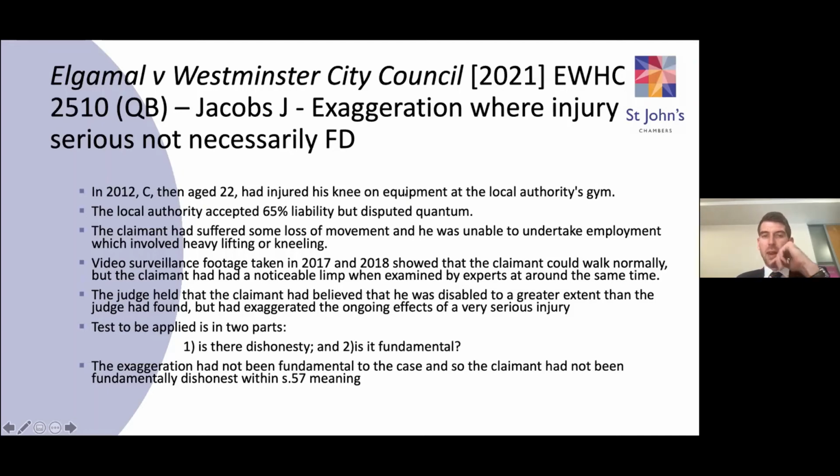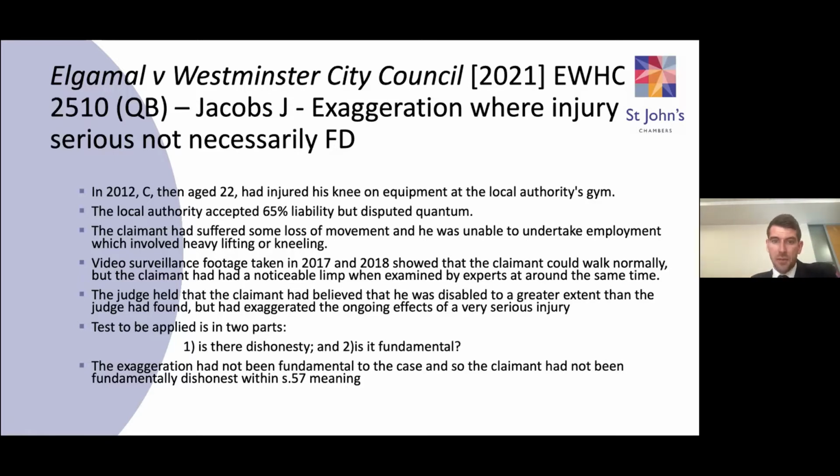There, the claimant, then aged 22, had injured his knee on equipment at the defendant's gym. They accepted 65% of liability, but disputed the claim for quantum. He had suffered some loss of movement in his knee and was unable to work in work which involved very heavy lifting or kneeling.